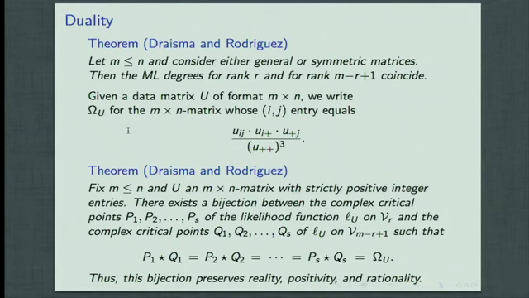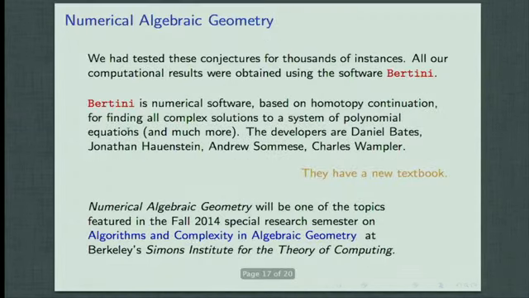of this. Okay, let me shift gears, and let me talk about numerical algebraic geometry. So the reason we were so confident in these conjectures, and the reason we were able to fill the table much beyond what we could earlier do with Gröbner bases, is the advent of numerical algebraic geometry, and Bertini in particular.